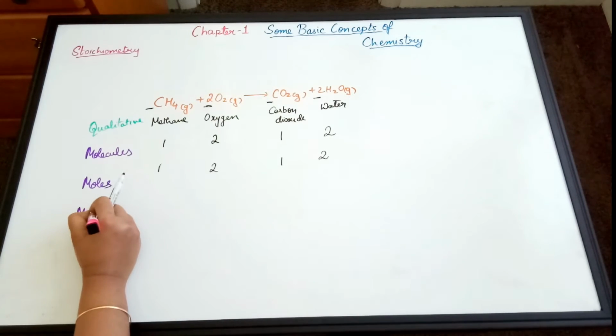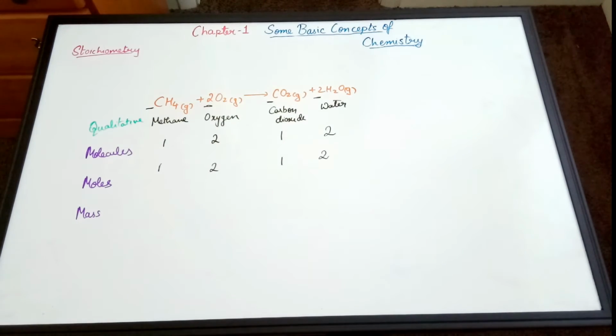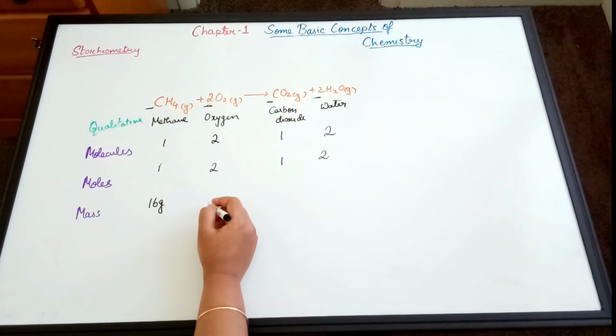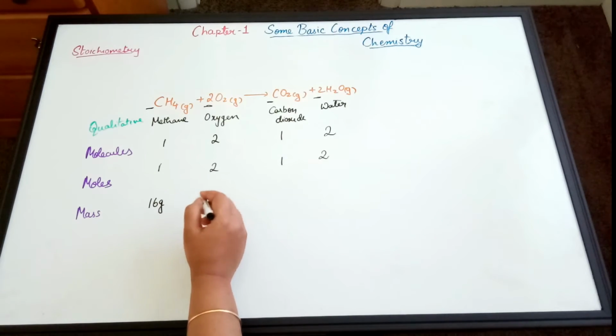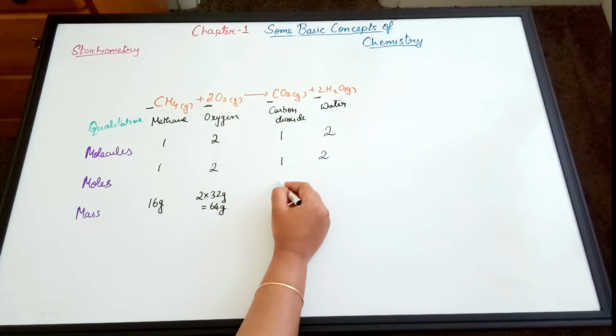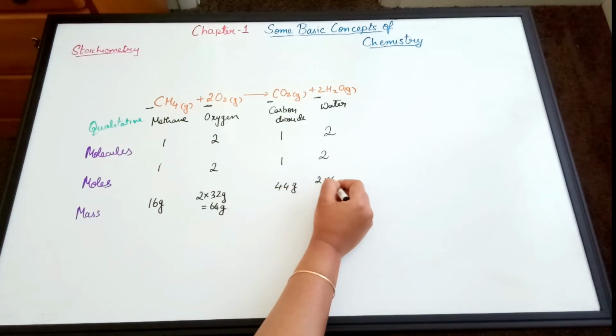The mass of methane, 12 plus 4, is 16 grams. The mass of oxygen is 32, again into 2 because there are 2, so 2 into 32 grams, which is equal to 64 grams. Next, carbon dioxide is 44 grams. And again 2 into 18 grams gives us 36 grams.